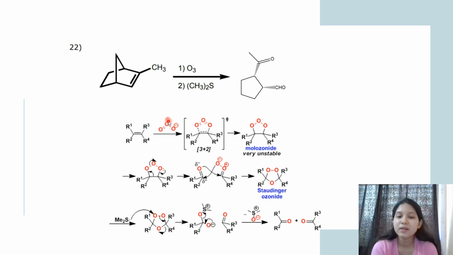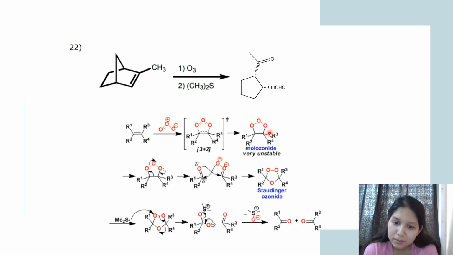Everything is getting formed in a single step. So from the 3 plus 2 cycloaddition reaction, you get a transition state in this fashion, and out of this transition state you get a five-membered framework, which is called molozonide.